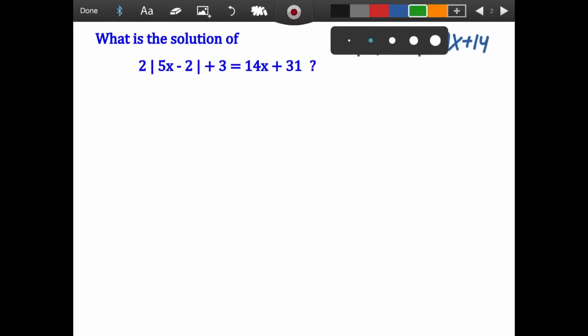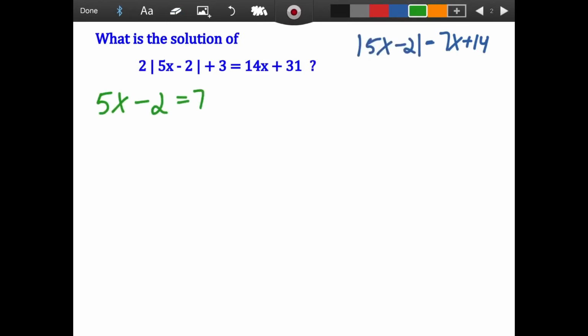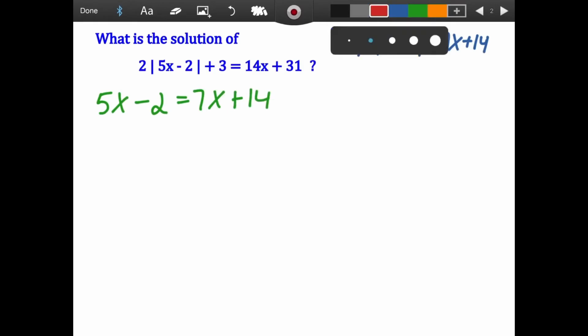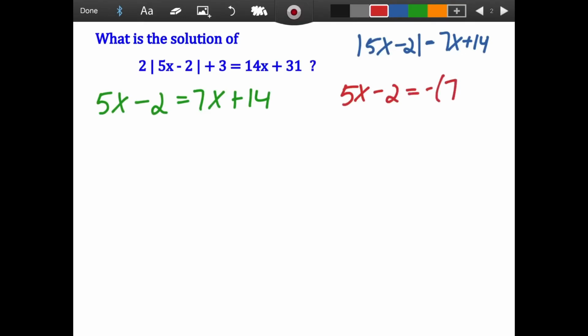Now we are going to create two equations with our absolute value. So the first one is exactly the same: 5x minus 2 equals 7x plus 14. The second one, we are going to keep the left side the same, 5x minus 2, and then we're going to multiply everything on the right side by -1. So -1 times 7x plus 14.